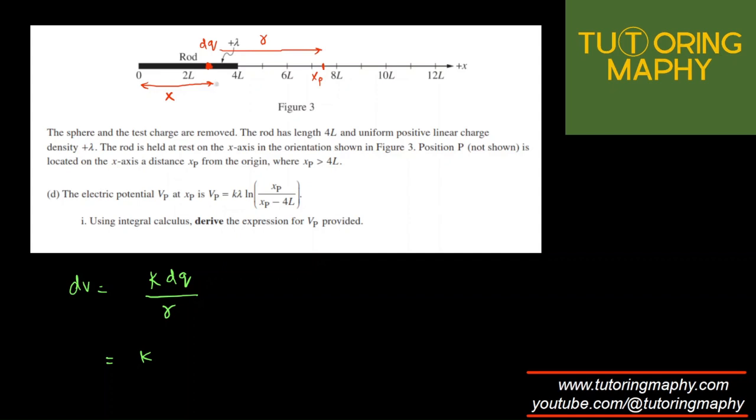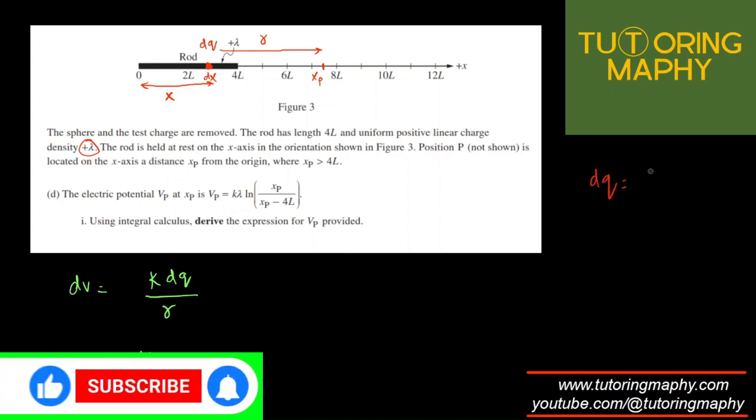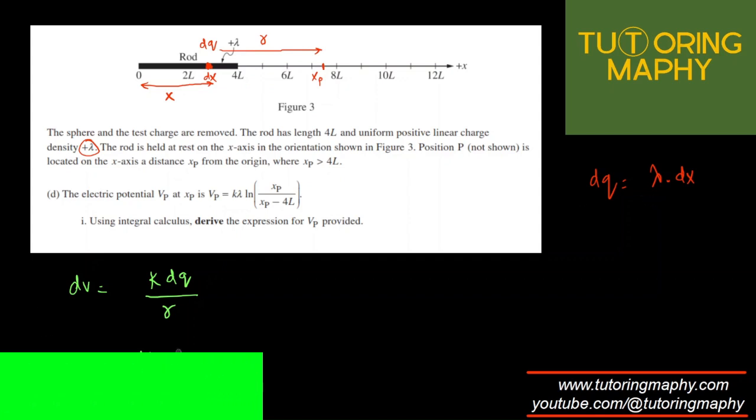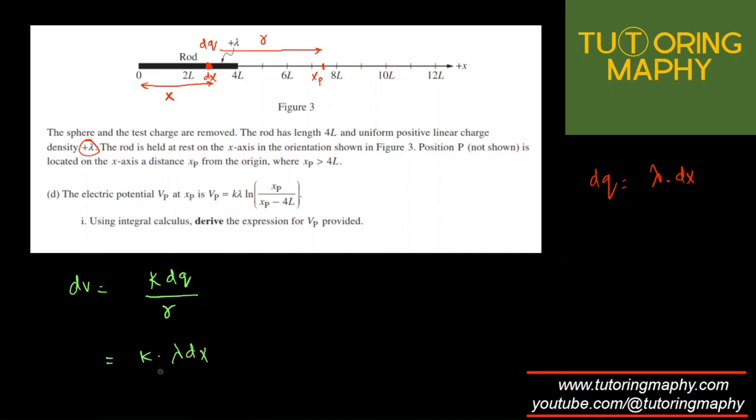Okay, so I know that this is elemental dx and the linear charge density is given by lambda. So the dq charge is going to be the linear charge density multiplied with the length of it, which is dx. So I'm going to now replace dq with lambda times dx, and r is still r, right? We do not know what r is.